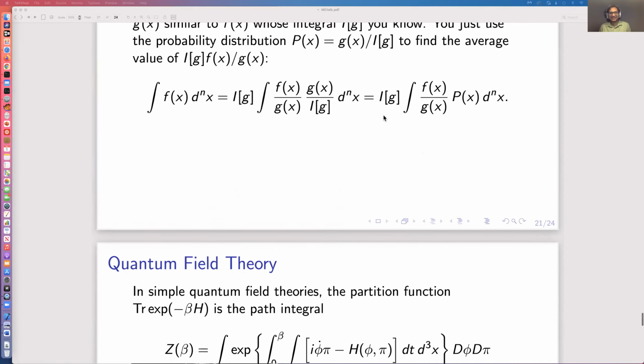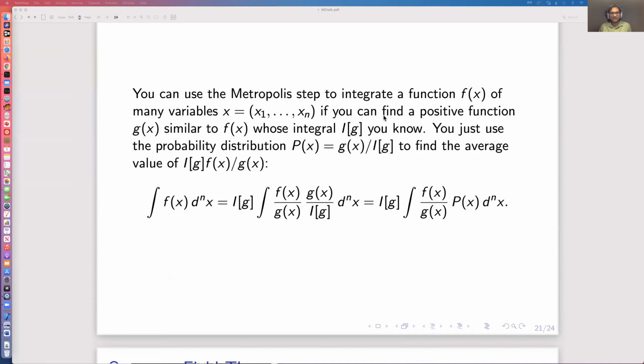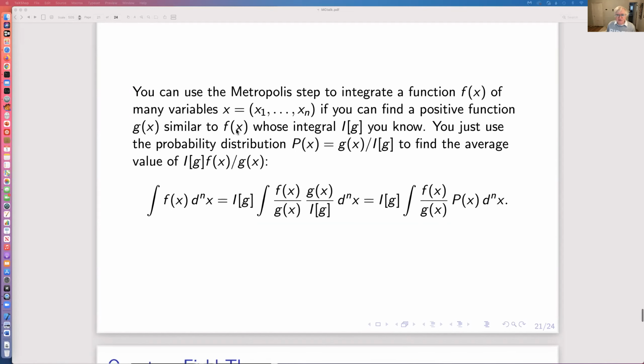Right. And so I was just wondering what's a good way to come up with the function g of x? I mean, I guess this is like importance sampling, but how do you estimate g of x? No. Well, you're absolutely right. You put your finger on the weakness of this particular method.